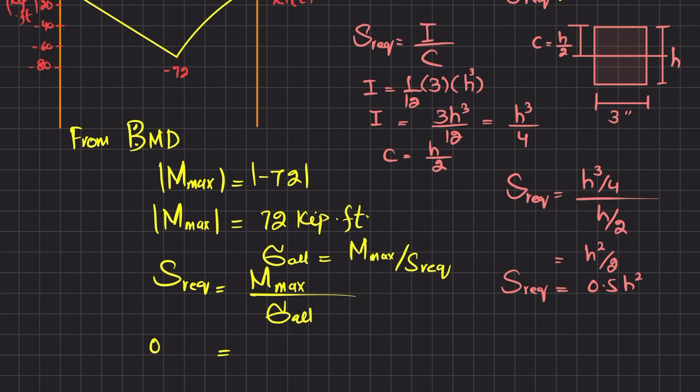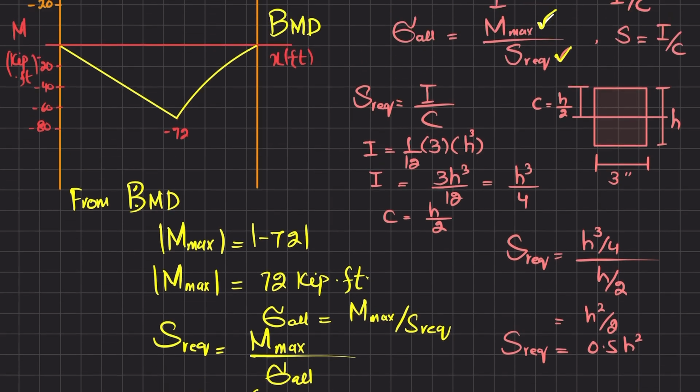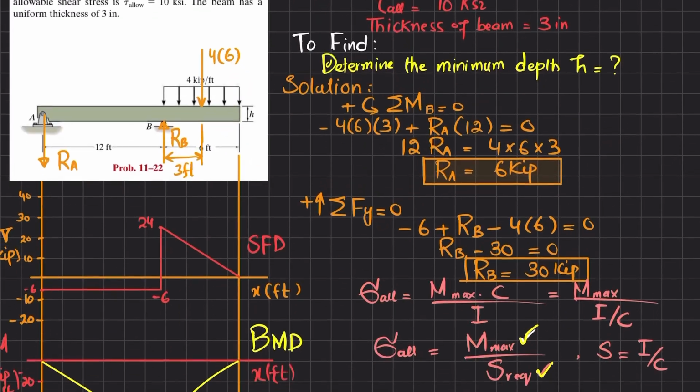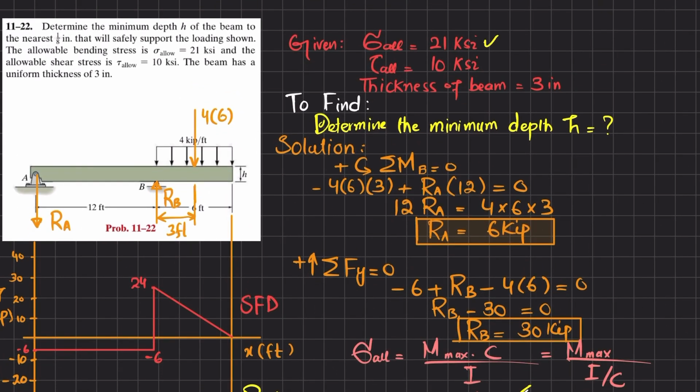Required section modulus is 0.5 h square. Maximum bending moment is 72 kips into feet, so we convert it into inch. So we will multiply by 12. Divide by allowable bending stress, which is equal to 12 ksi.